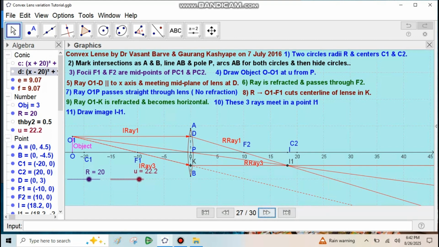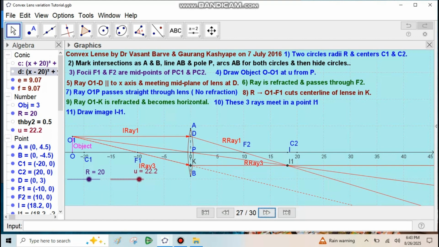Okay, so I'll just summarize what we have done. We have taken the first ray, parallel to the axis, it passes through F2. Second ray we have taken passing through pole, which moves straight. In fact, there is going to be slight deviation, but in thin lenses that deviation is not prominent. So we can take this particular ray going straight and passing through this particular point.